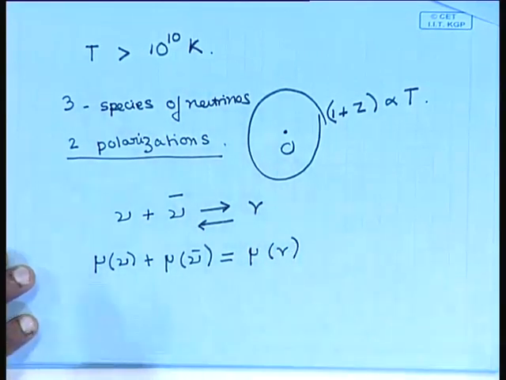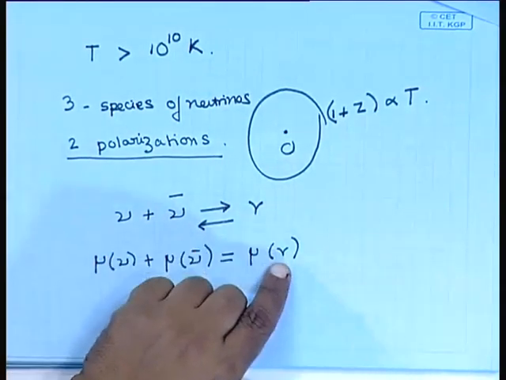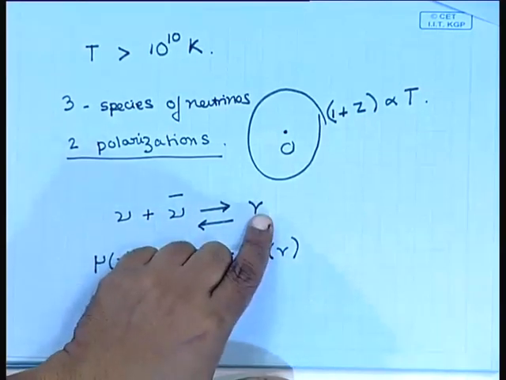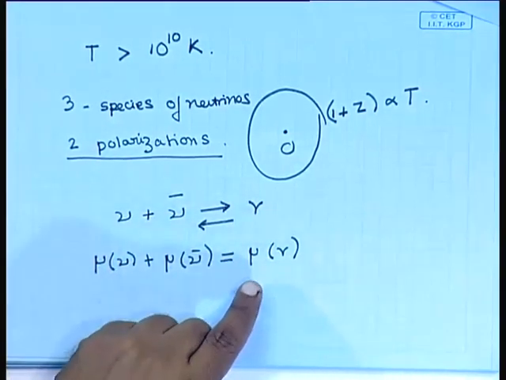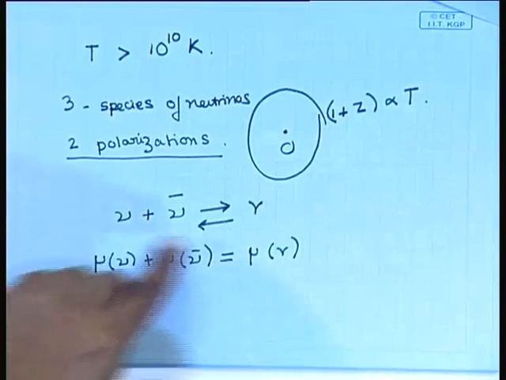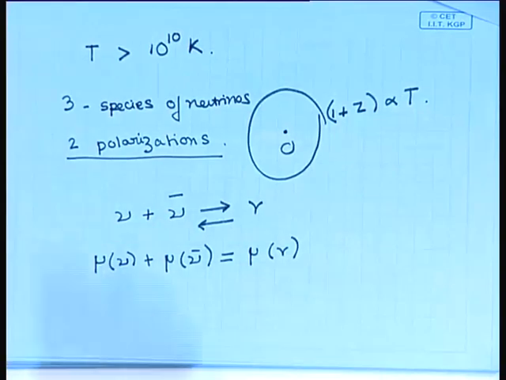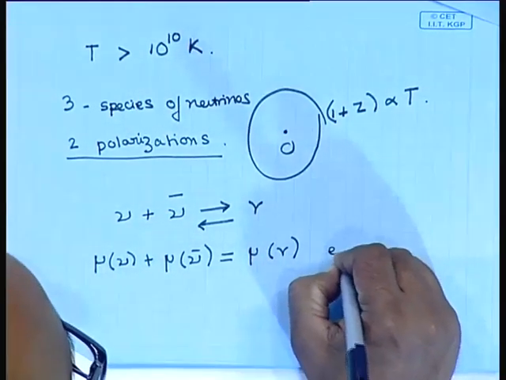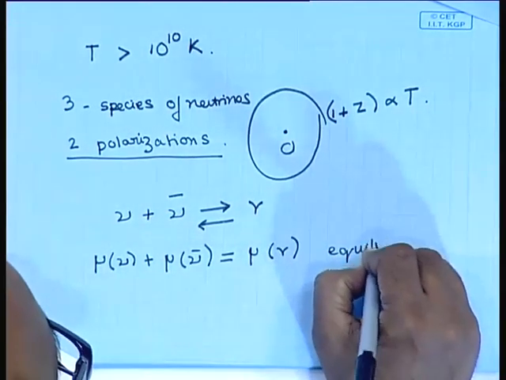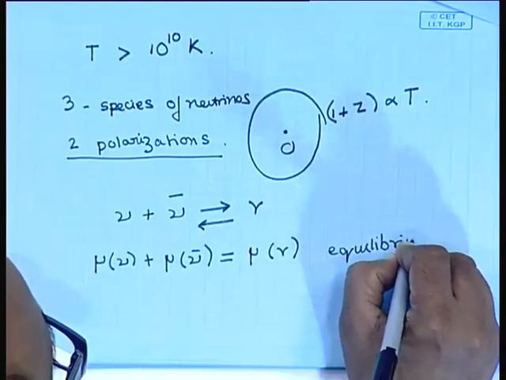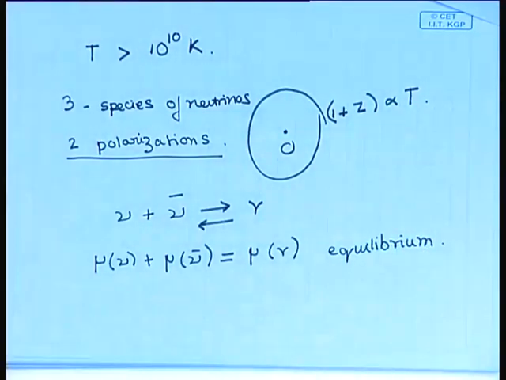So the chemical potential of the CMBR photons will be equal, in equilibrium, to the sum of the chemical potentials of the neutrino and the antineutrino. From statistical mechanics, it is known that this will be true.